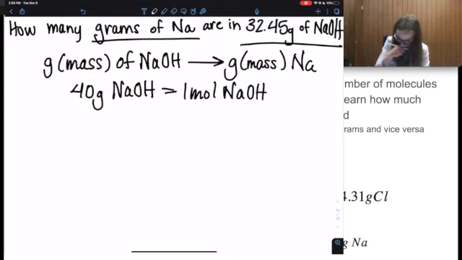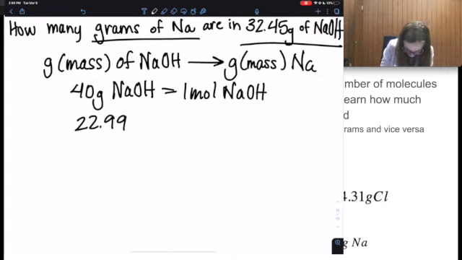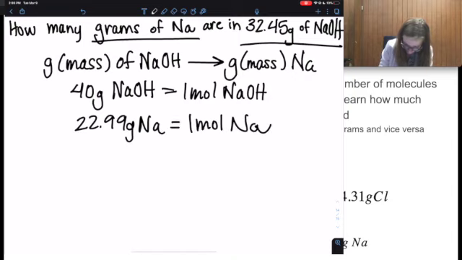And if I check sodium on the periodic table, sodium's formula mass is 22.99 grams of sodium for every 1 mole of sodium.